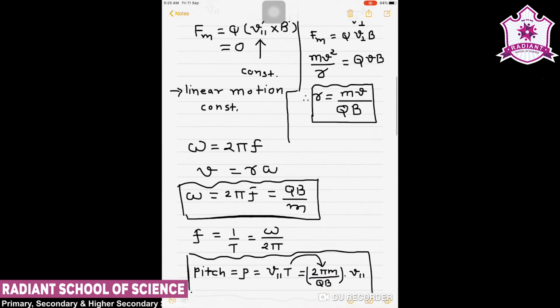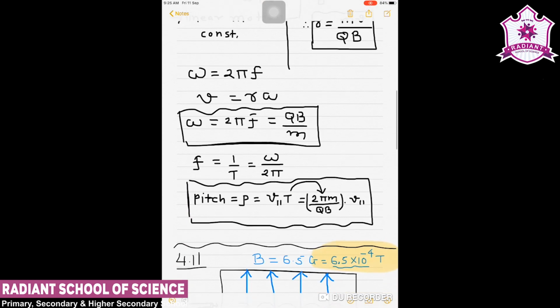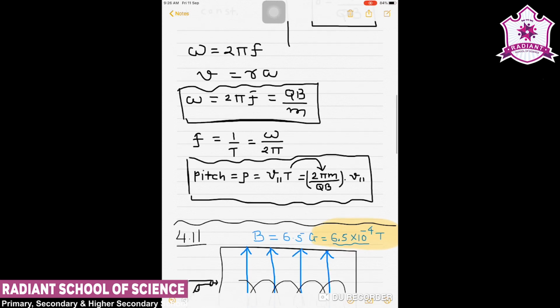Here you can see that radius is mv over qB and frequency is qB upon 2 pi m if we make f the subject. So this is the question that we can simplify here. This will be the formula, and we can apply it.